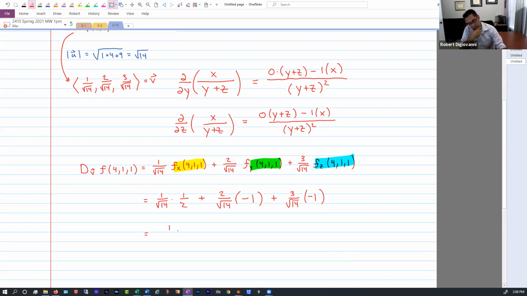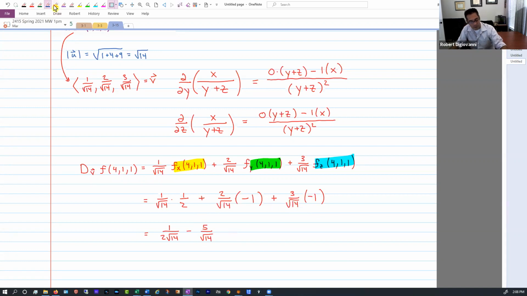So I get 1/(2√14). That's the first piece. And then these two I can put together because they both have √14 in the denominator and they're both negative. So I think mine is 5/√14. Right? -2/√14, -3/√14. Add those up, you get this.